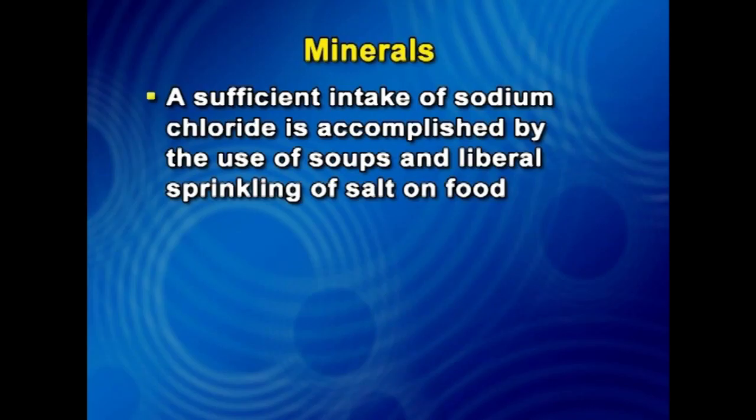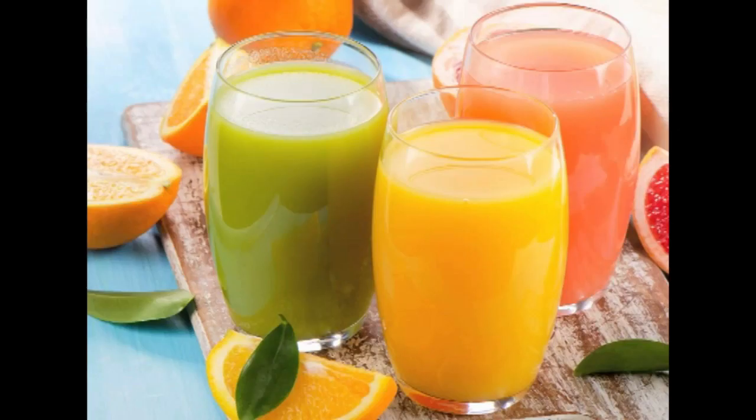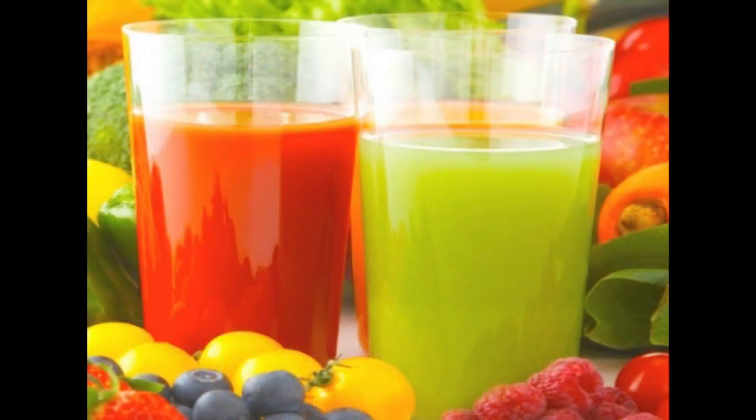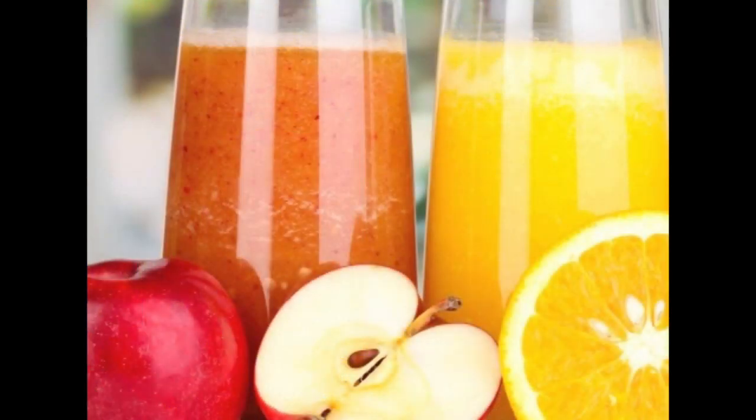Now, minerals. A sufficient intake of sodium chloride is accomplished by the use of soups and liberal sprinkling of salt on the food. Fruit juices, a relatively good source of potassium, also should be included. A person will be losing a lot of fluids. Along with the fluids, electrolytes such as sodium chloride and potassium will be lost.